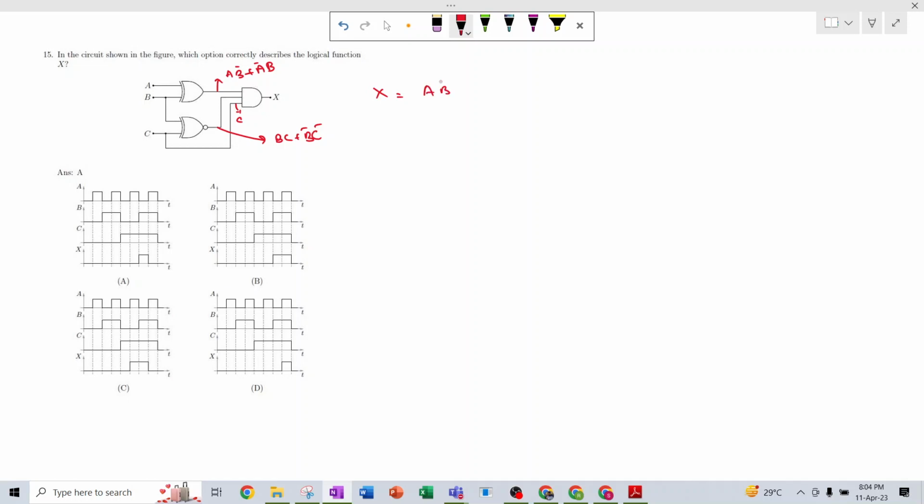S is nothing but, if we multiply this A B bar plus A bar B with BC plus B bar C bar, multiplied with C. So if we multiply this, we get A B bar into B into C plus A B bar into C bar, plus A bar B into C plus A bar B bar C bar.